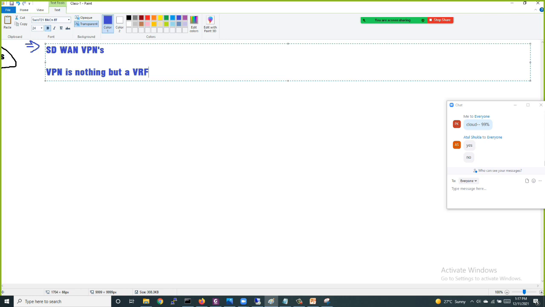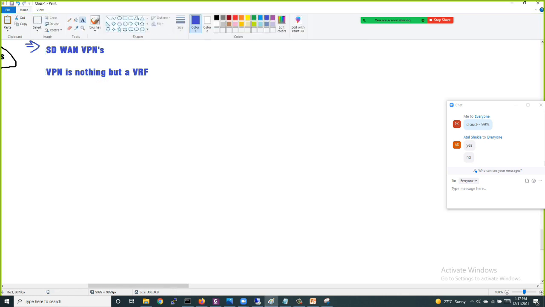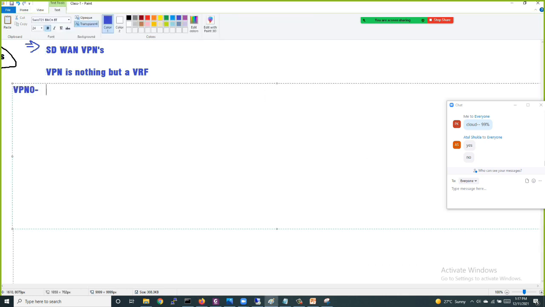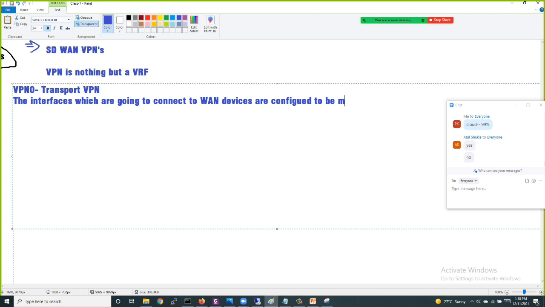Fine. So the first VPN that we will see in SD-WAN is VPN 0. VPN 0 is basically called transport VPN. What do you mean by transport VPN? Interfaces which are going to connect to the WAN devices are configured to be members of this VPN.